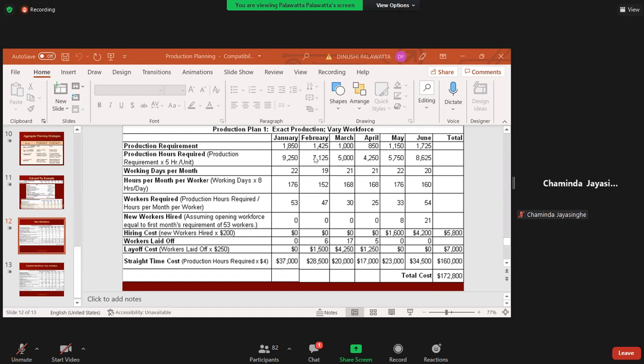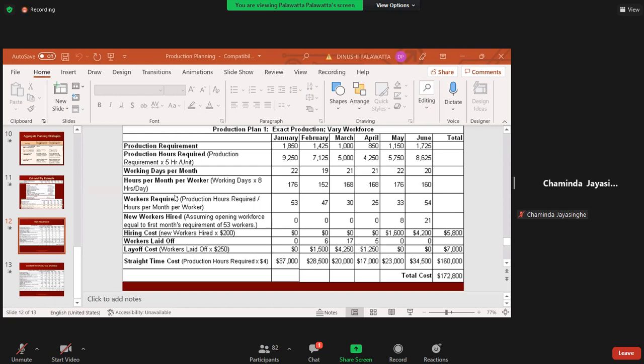For example, in February the production hours required is 7,125. When you divide that by 152, you get 46.8. So 47 is okay, correct.